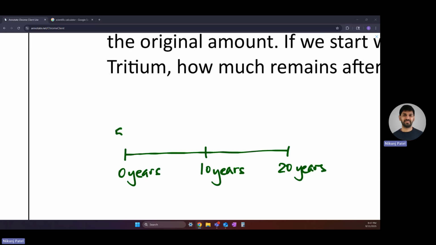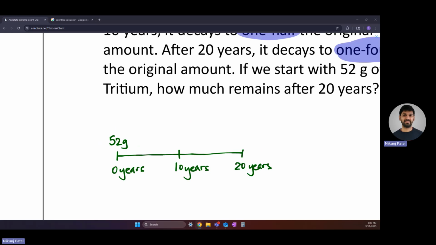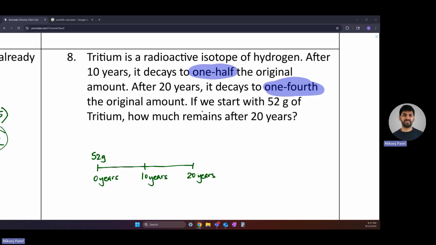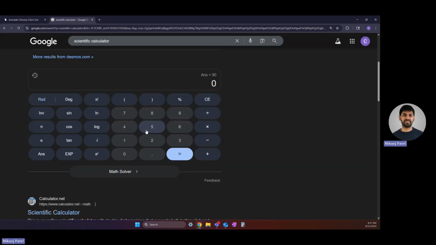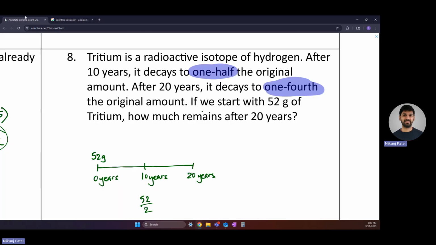So at 0 years, at the beginning, we started off with 52 grams. It said that after 10 years, it decays to 1/2 of the original amount. So I just divide the 52 grams by 2 for the 10-year mark. 52 divided by 2, and I get 26. So after 10 years, this turns into 26 grams.